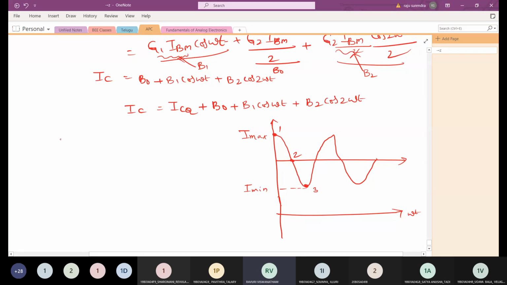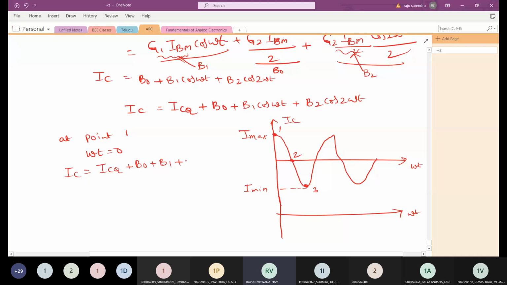At point 1, omega t is equal to 0, then calculate IC. IC is equal to ICQ plus B0 plus B1 plus B2, since cos 0 is 1.